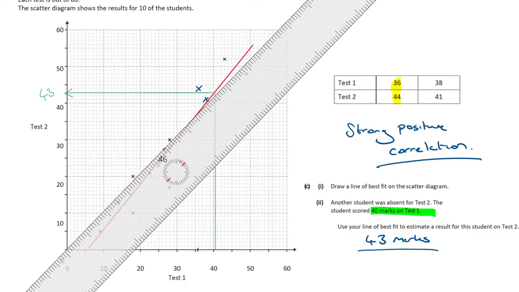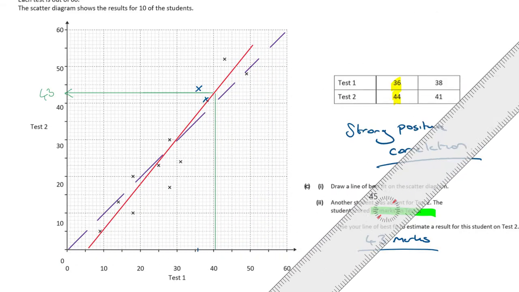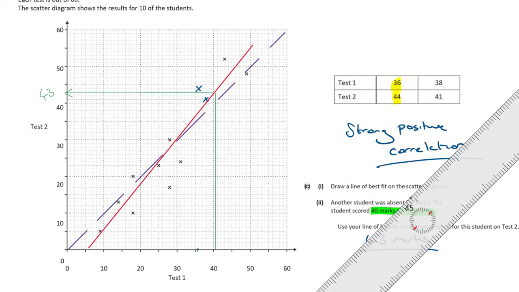That goes through 0, 0, 10, 10, 20, 20, 30, 30, 40, 40, and so on. So this dotted diagonal line represents them doing equally well.